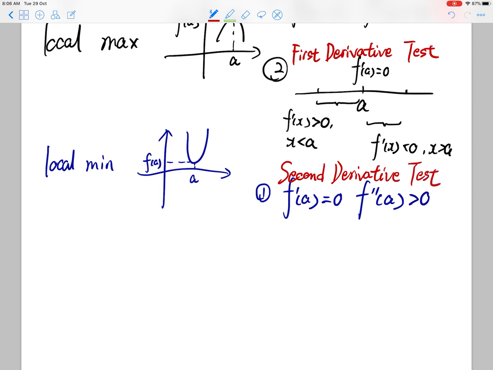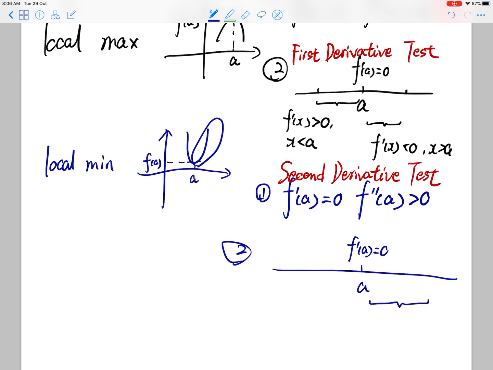And the other way is, at this point A, the derivative should be 0. When x is slightly greater than A, the function is increasing, so the derivative should be positive.